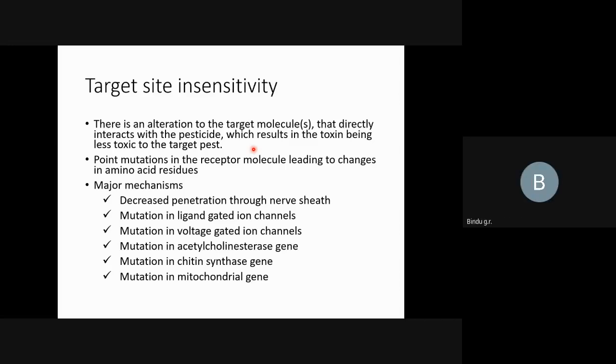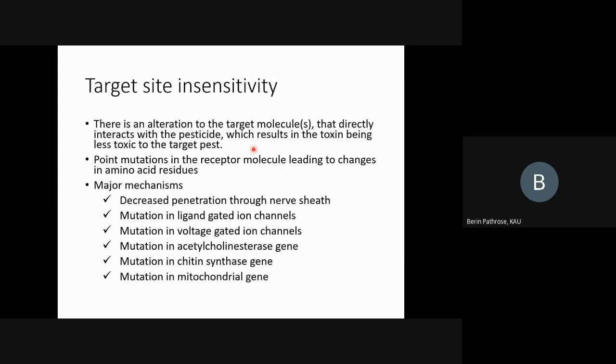It will bind to some other molecules which mimic acetylcholine. Okay, fine. But whether it will bind to neonicotinoids? No, sir. No, because it has become insensitive to neonicotinoids.